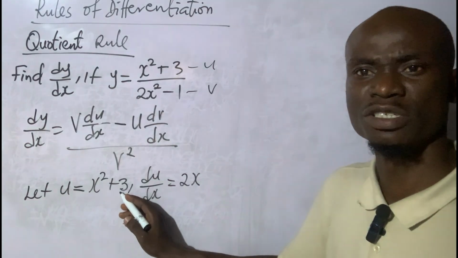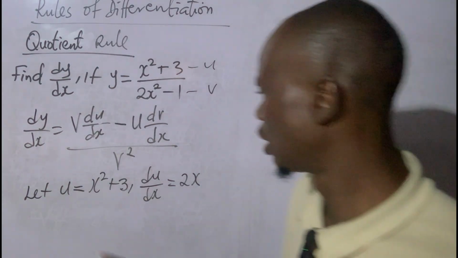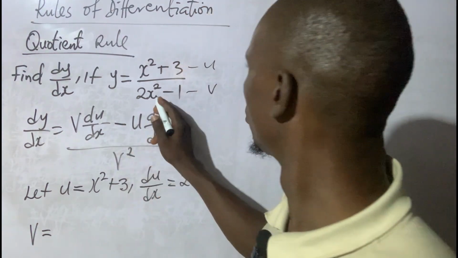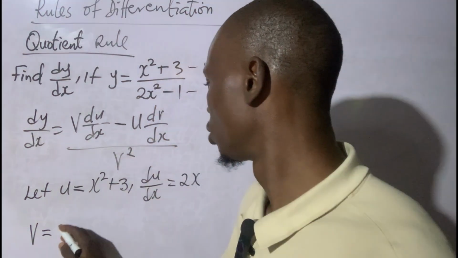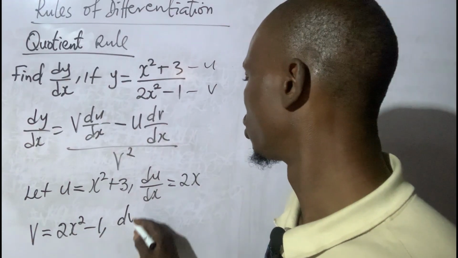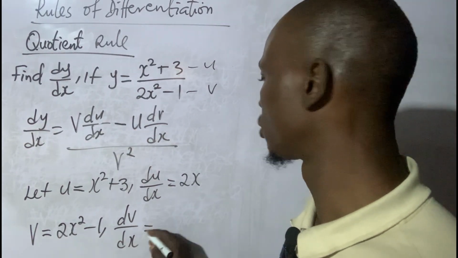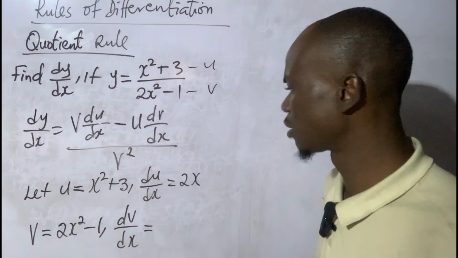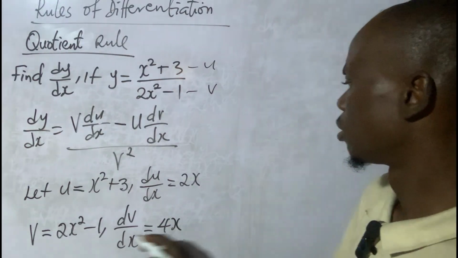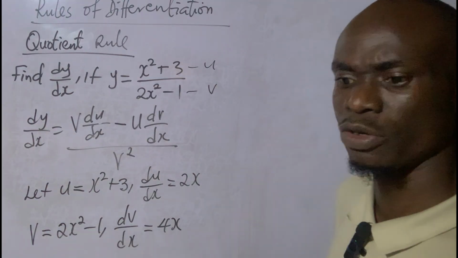And differentiating 3 is 0. Then v is equal to 2x squared minus 1. So we differentiate it, we have dv over dx. And if we differentiate that, we have 2 times 2x, 4x. Differentiating minus 1 is 0.